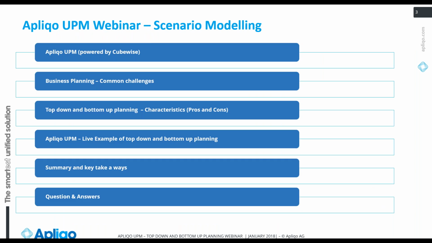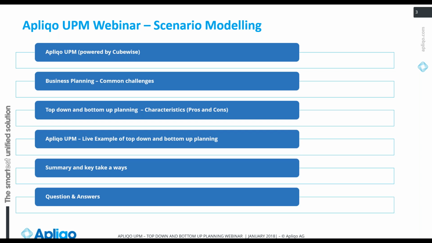For today's webinar, I would like to quickly share the flow, because we always have a good mix of people who joined previous webinars and new people. We would like to start by giving you some background information about Apliqo, KPIs, and the UPM framework, how we understand unified performance management.